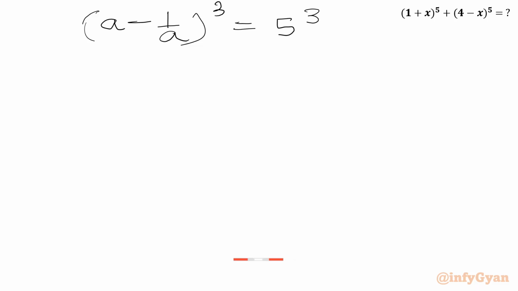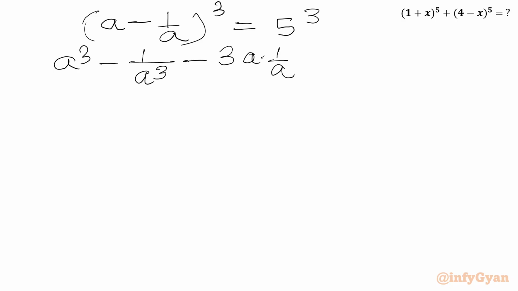So I can write A³ - 1/A³ - 3 times A times 1/A times (A - 1/A) equal to 125.